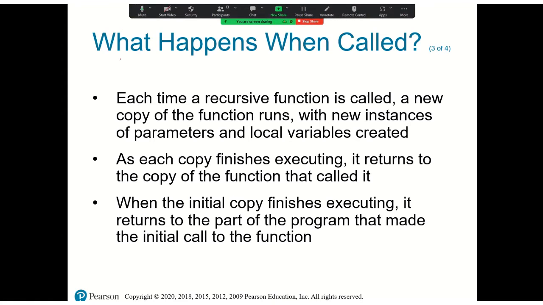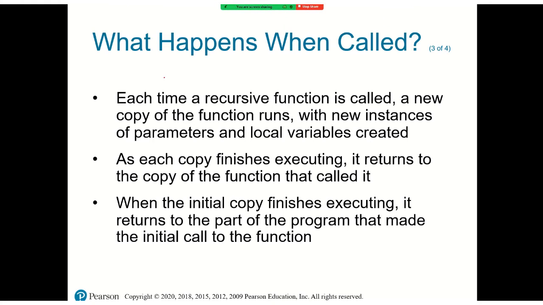If you could illustrate it physically, it would look like this on your screen: 5 and then again factorial 5. So 4 comes, then factorial 3 comes, then factorial 2 comes.